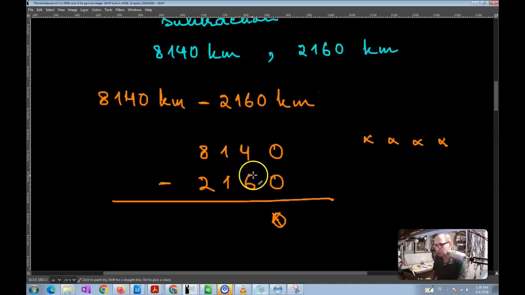So then what I'm going to do is take a group from the hundreds place value, so this is one group of 100, right?